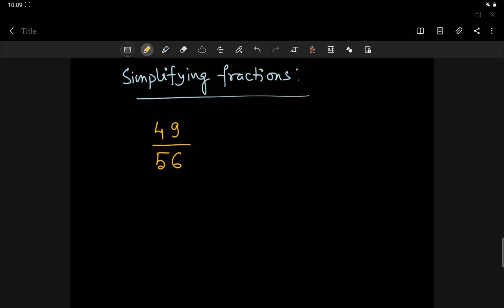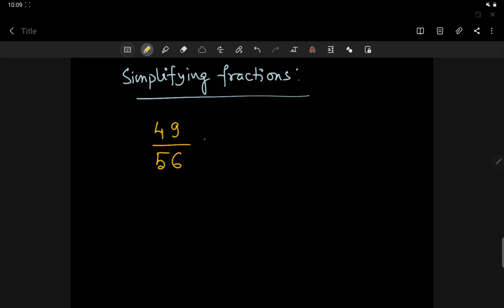It means you have to divide the numerator and the denominator by the same number, till they have no common factor other than 1.